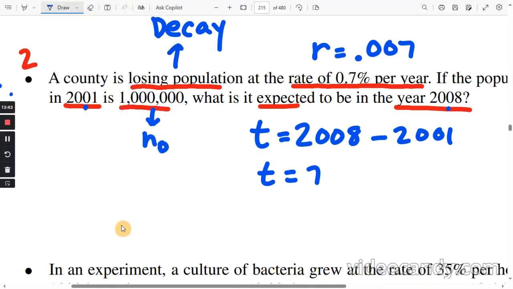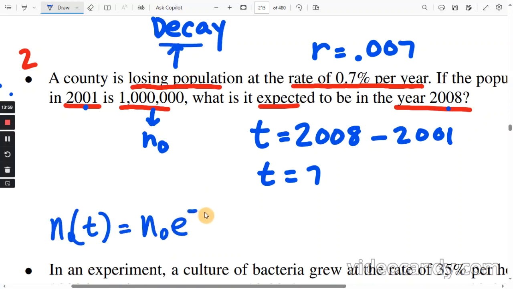It's still A equals PERT, but instead we say N of T equals N sub 0 times e to the power of RT. But since it's a decay, now it's going to be to the power of negative RT. So it's still basically A equals PERT, but the exponent is now negative.